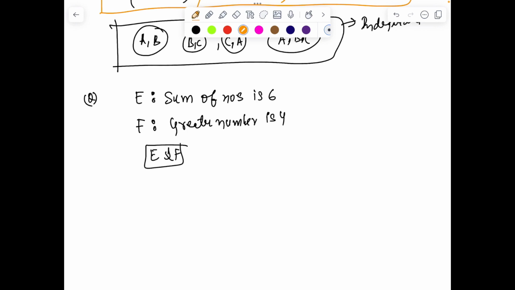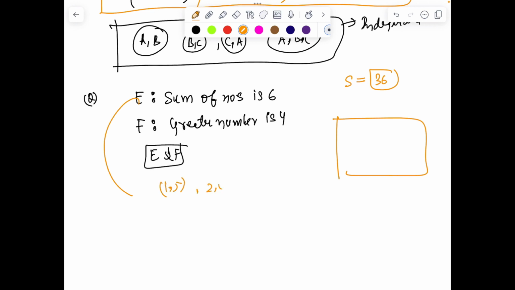Since we have 2 throws of dice, the total sample space consists of 36 points. If the sum of numbers is 6, 6 can come with 1 5, 2 4, 3 3, 4 2, and 5 1. So the probability of getting E is 5 by 36.